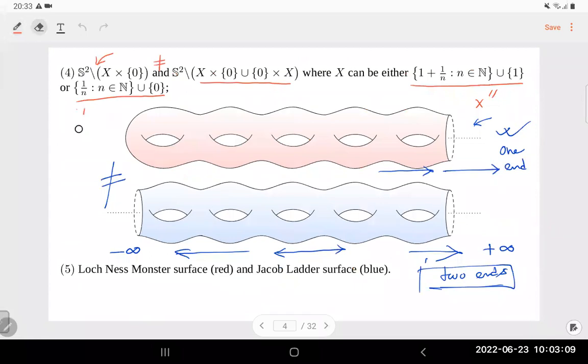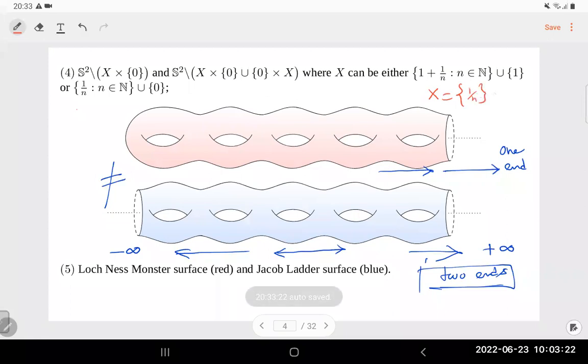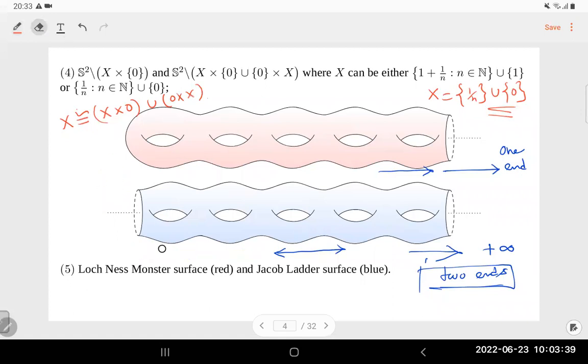So let's erase this and consider this. Okay. So let X equal, let's first consider this set, 1 upon N union 0. You can check very easily that X is homeomorphic to X cross 0 union 0 cross X. Here I'm just drawing. So the sequence of X is here.